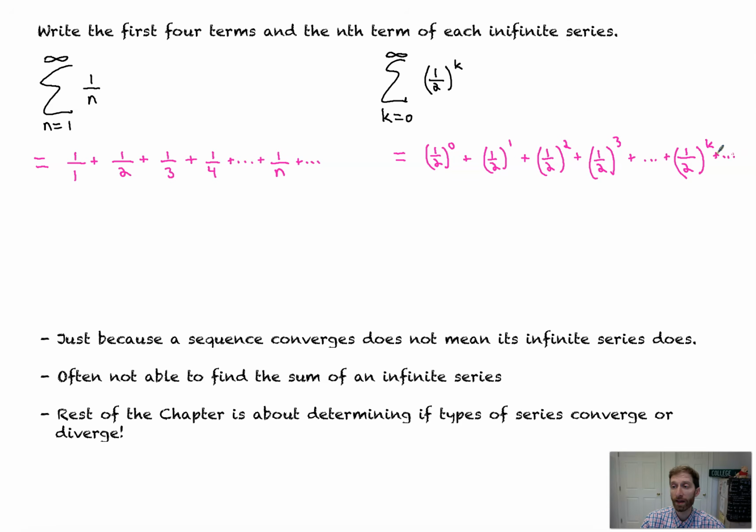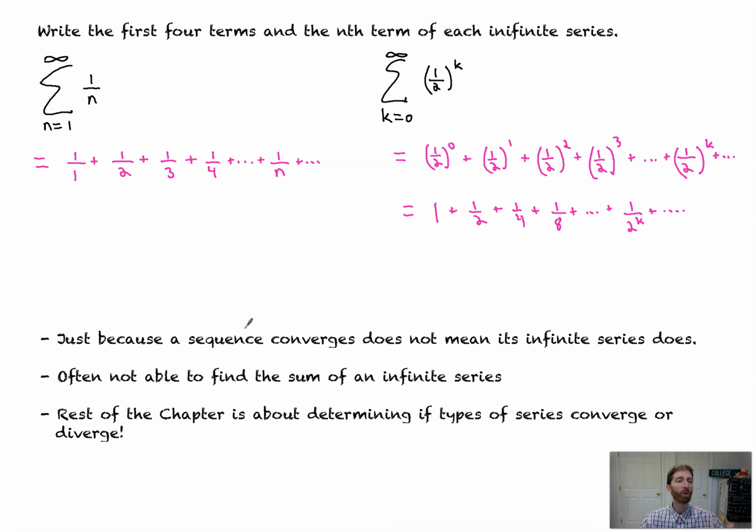Both are correct, and then we continue on. So let's simplify that down a little bit. 1/2 to the 0 is 1. 1/2 to the 1 is 1/2. 1/2 squared is 1/4. 1/2 cubed is 1/8. Plus 1 over 2 to the k, plus dot dot dot. That's it. There's your first 1, 2, 3, 4 terms and the nth term of the infinite series.